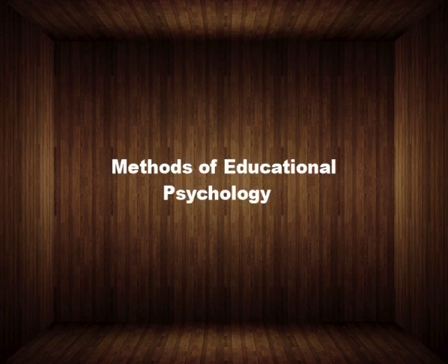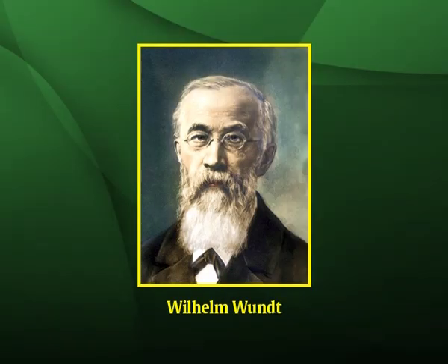Methods of educational psychology. The first attempt to adopt a method of educational psychology began in the year 1879 by Wilhelm Wundt of Germany. In recent years, with the development of technology, researchers have started using new methods of collecting and analyzing data.